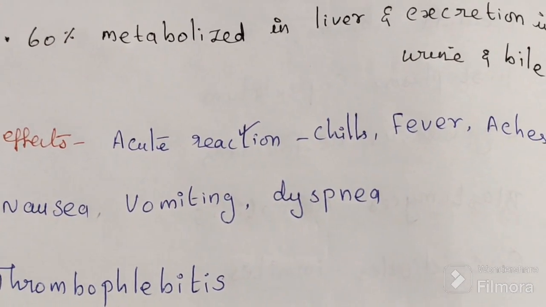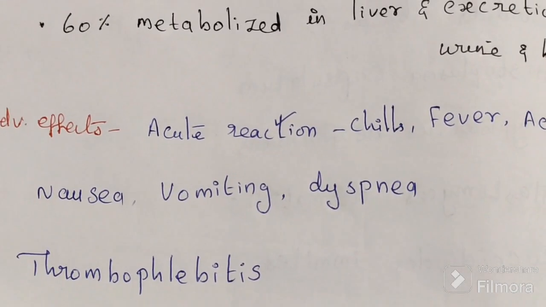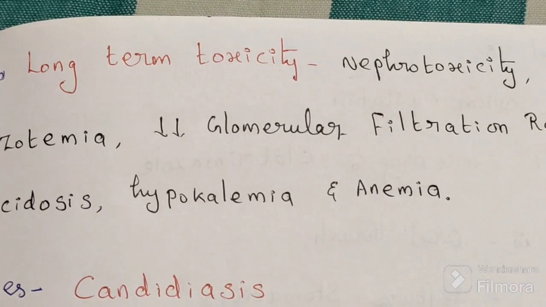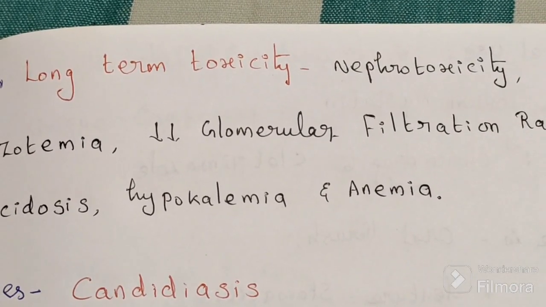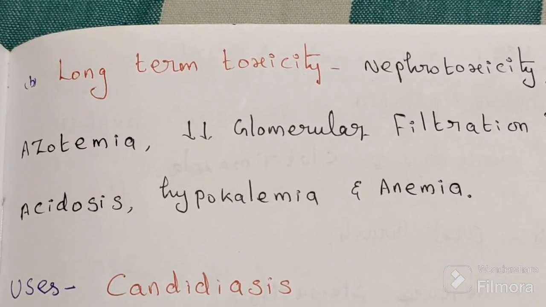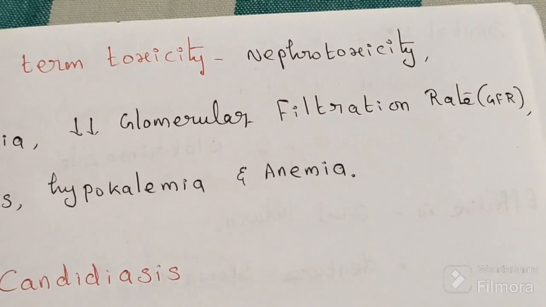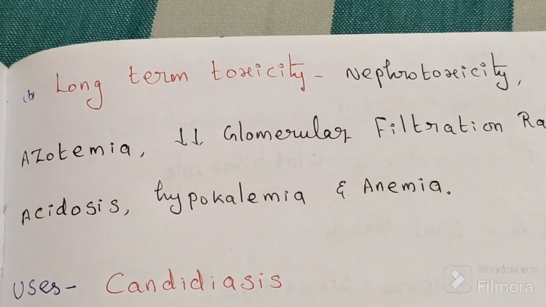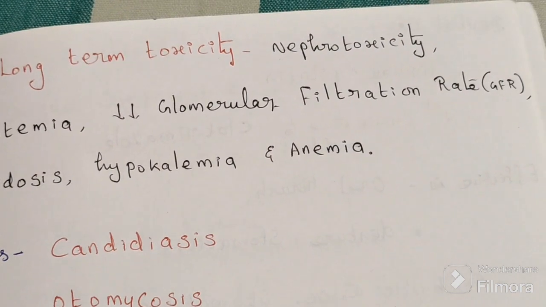So adverse effects: acute reaction, chills, fever, ache, nausea, vomiting, and dyspnea. In the long term, toxicity causes nephrotoxicity, azotemia, decreasing glomerular filtration rate, and otomycosis.